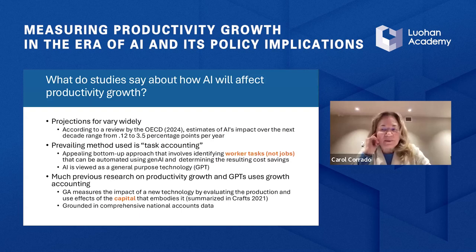By the way, in the backup slides there's a chart that lists all of the studies that the OECD reviewed as of the time they wrote their paper, which was late 2023, early 2024. Our paper isn't in it because it just came out last month.